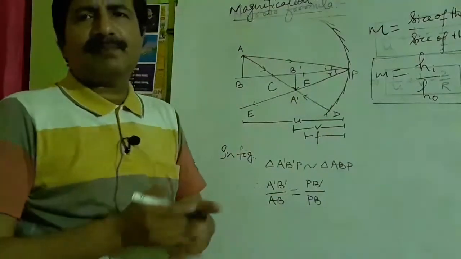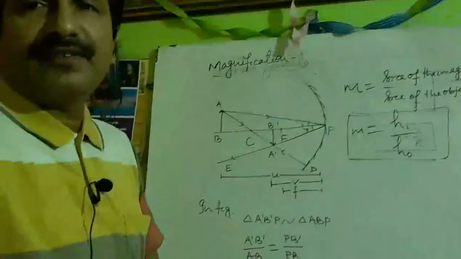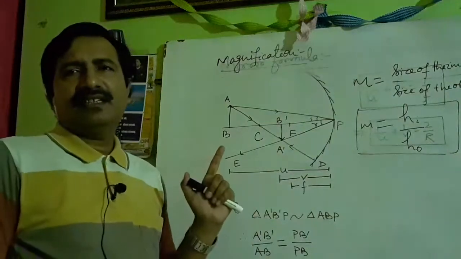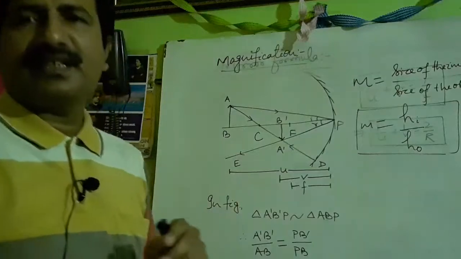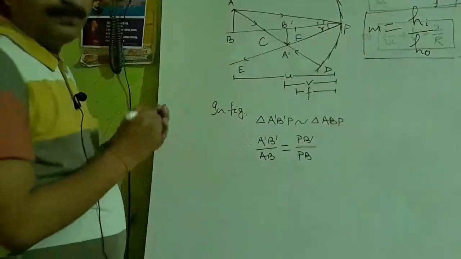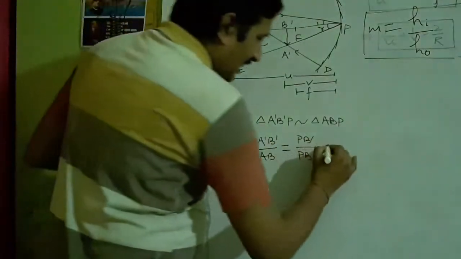But PA' and PA have no importance in this derivation, so they will not be used in the equation here. This is equal to PB' by PB.